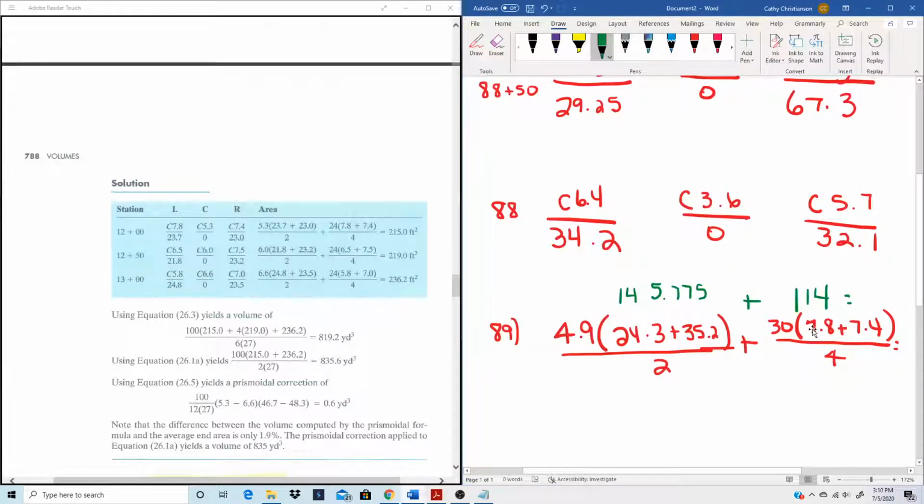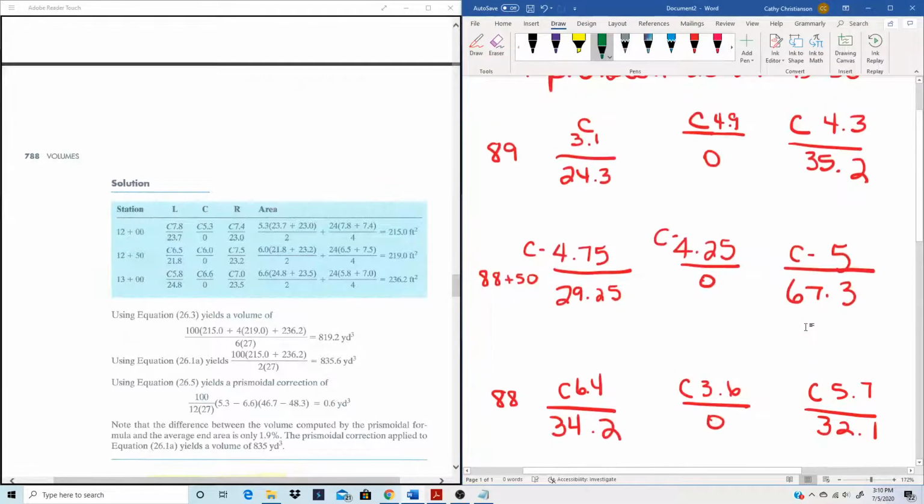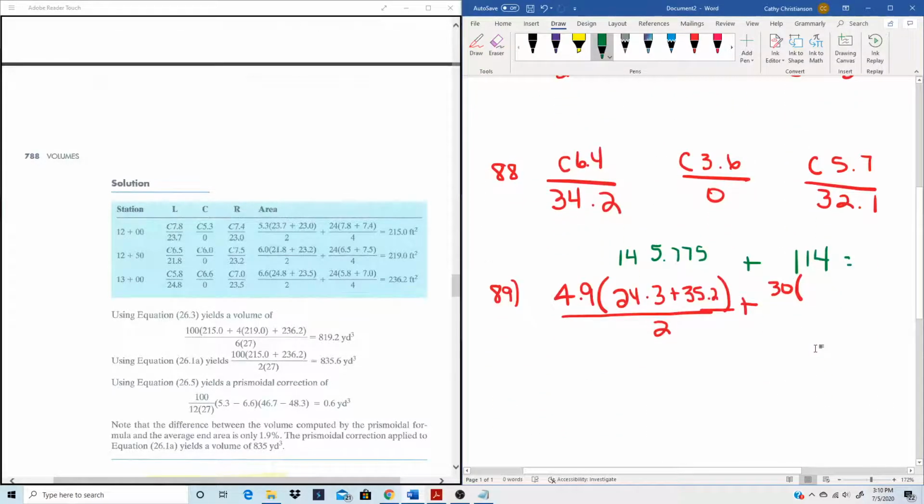Right there is my error. I have no idea where I got the 78. I was looking at the problem I pulled. Okay, so that's what I did wrong. So let me go back and let's fix that.